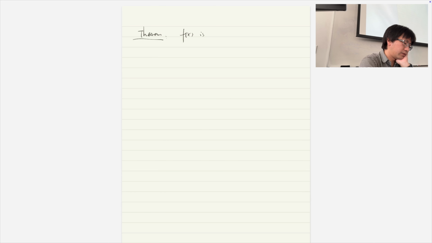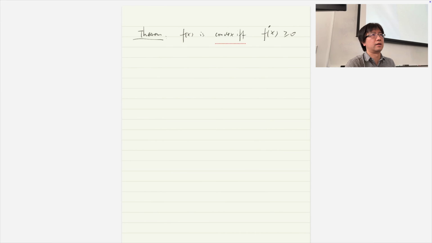I say a function f(x) is convex if and only if, let's say it's a scalar function, the second order derivative is bigger than or equal to 0. If that's true, then the function is convex. If x is a vector, then we have something very similar, and we'll talk about that when we get to it.